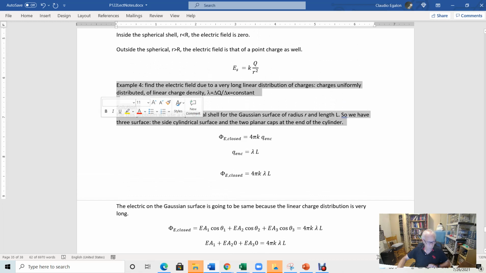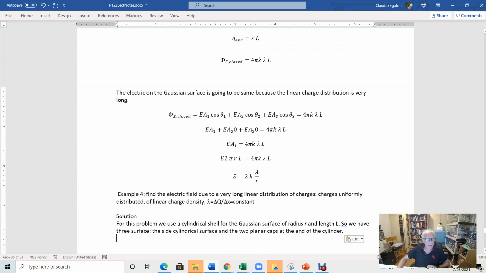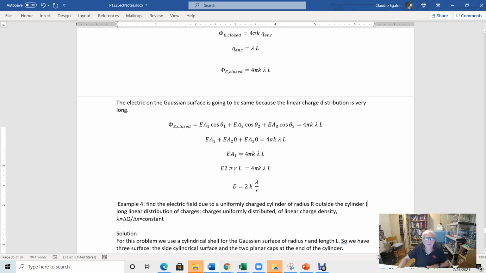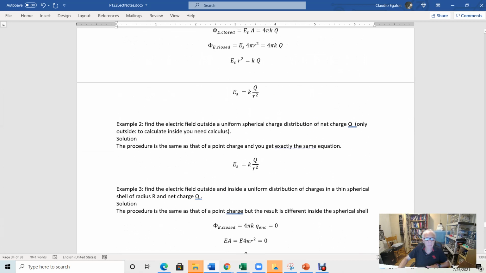Example 5. Find the electric field due to a uniformly charged cylinder of radius r, outside the cylinder. Just like before, in the case of only outside.